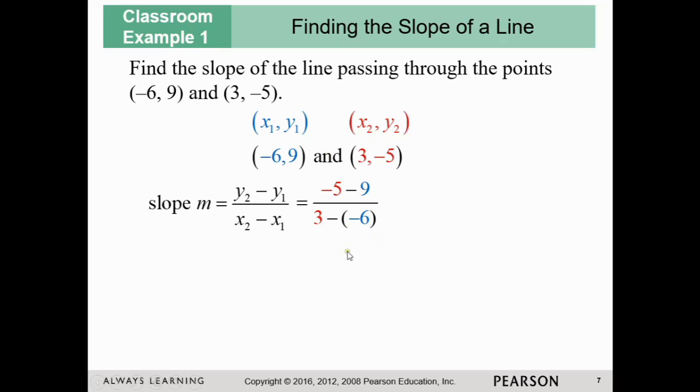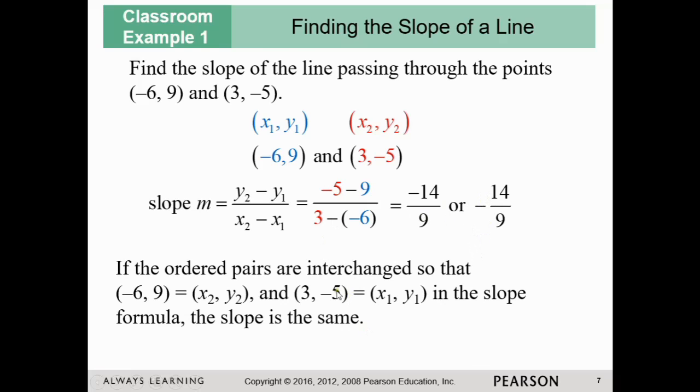And another thing to notice is when we're plugging in this -6, we use parentheses around that. The reason why we use parentheses is to emphasize that that's going to become a positive 6. So we end up with 3 plus 6 is 9 in the denominator, and -5 minus 9 is -14. So our slope is -14 ninths.